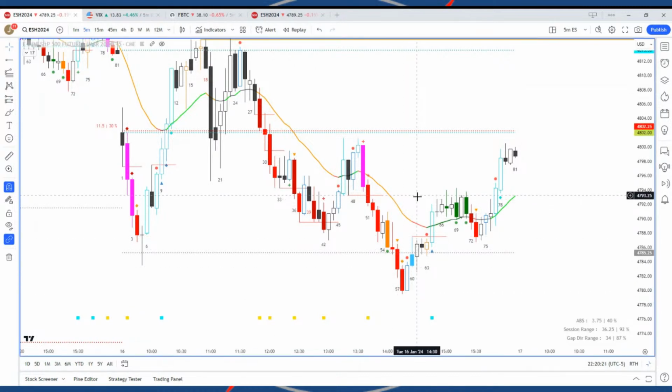And I think that a lot of folks who would be looking for just a signal generator are often misled by the confidence that a signal produces, right? It says, do this.